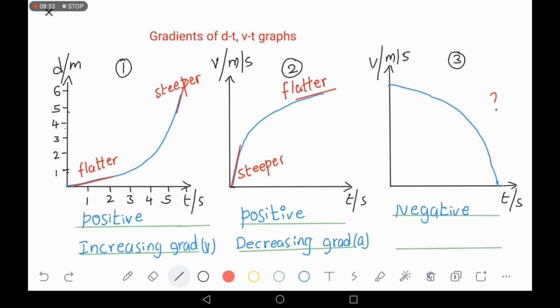Draw the two tangents here, one at the beginning and one at the ending. The tangent at the beginning is flatter and the one at the ending is steeper. So here the flatter is becoming steeper, so this one is an increasing gradient.